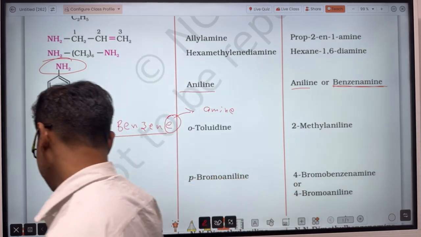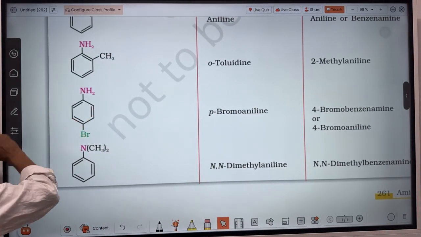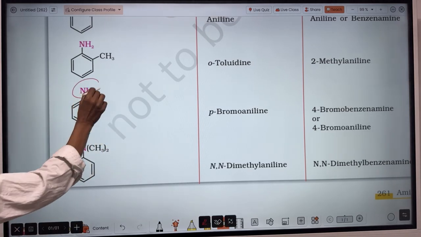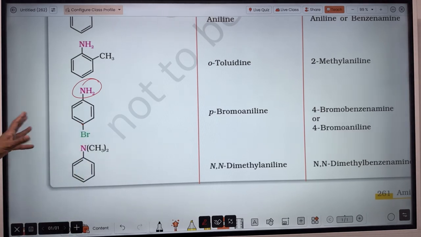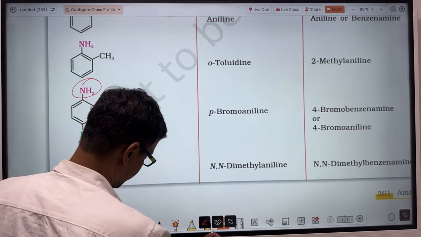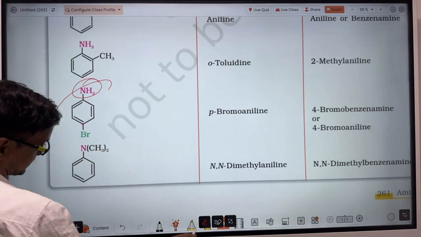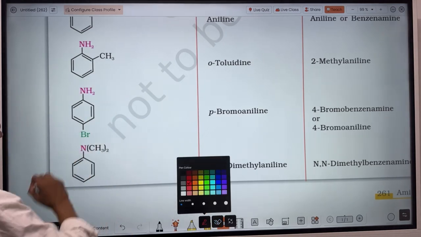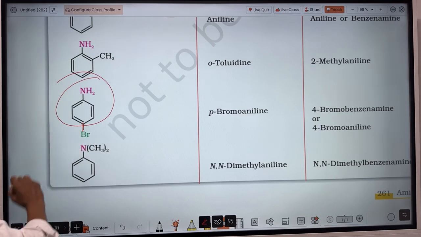Now this compound. Here the amino group is bonded to this carbon and bromine is bonded to this carbon. When you write the IUPAC system of nomenclature, you have to watch out here. This whole is called aniline and bromine is present at the para position.